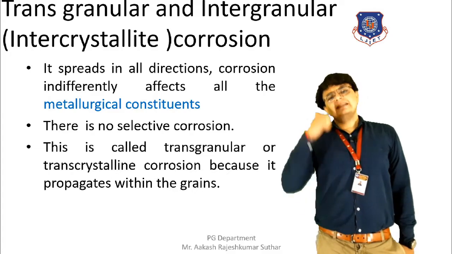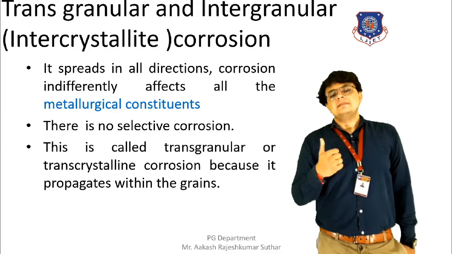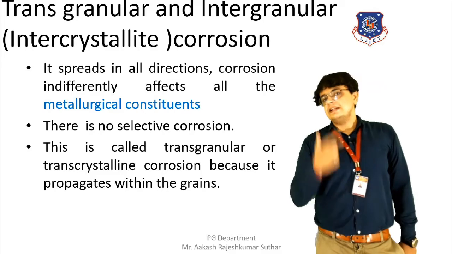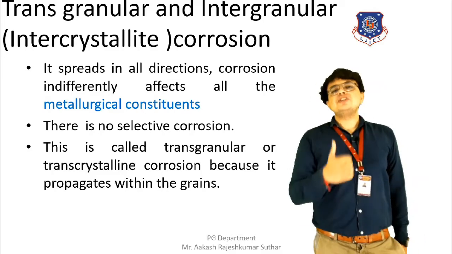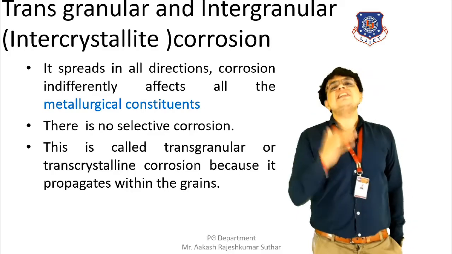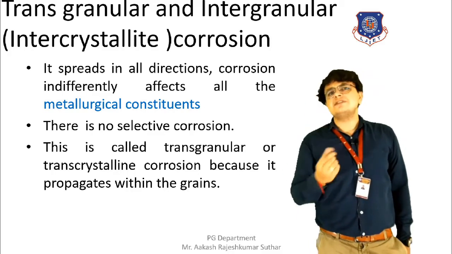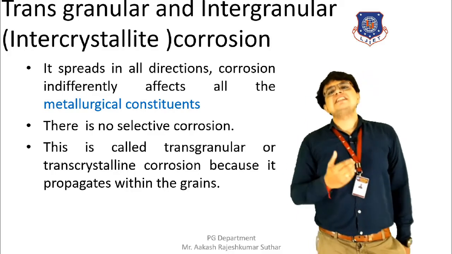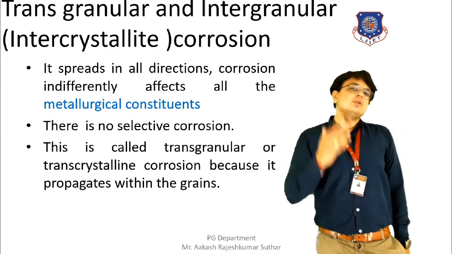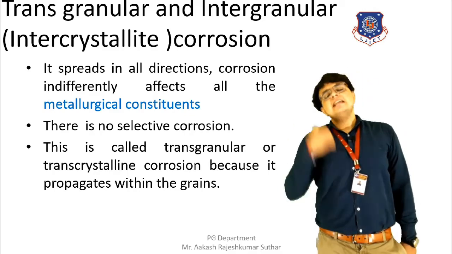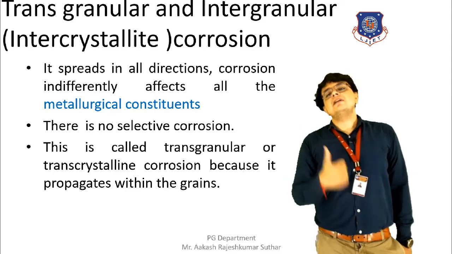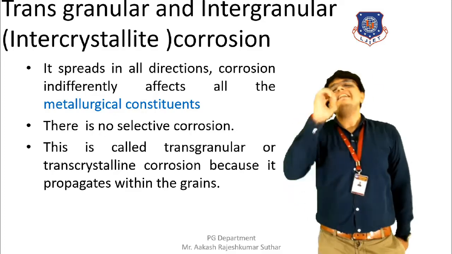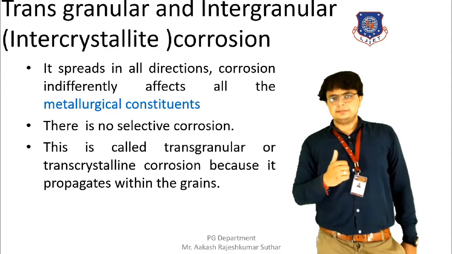This is how it is named, because the thing that defines it is nothing but the propagation. The propagation of the corrosion towards each and every grain, the small grains of this metal will be affected by the corrosion. And by this only, we are designating this type of corrosion as transgranular or intergranular, or you can say intercrystalline corrosion.